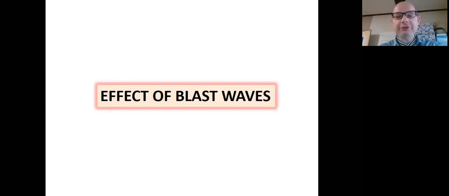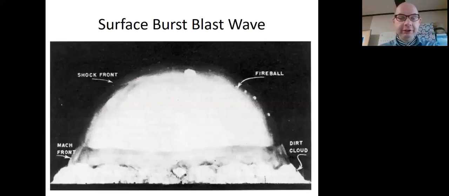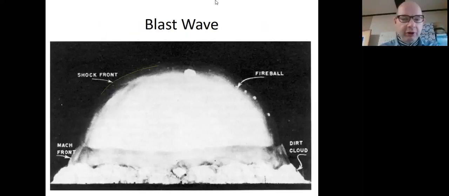So now I'm going to talk about the effects of nuclear weapons in more detail. I'm going to talk about the effects of blast waves. Here you see a ground explosion, and you see how this shock wave is moving outward. If you look really carefully, you can see this thin line here. This is the shock front as the material expands outward.